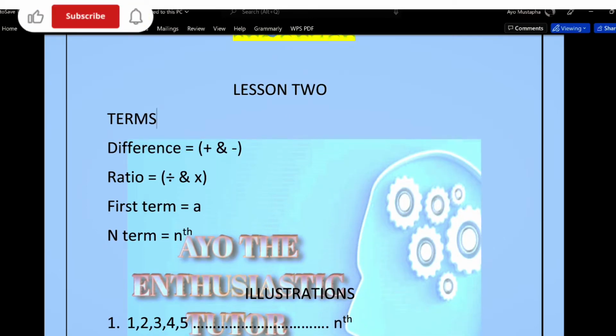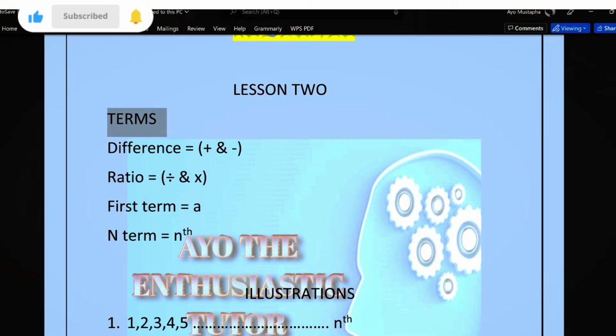So now, as you can see here, we have lesson 2. We have terms: difference, ratio, first term, and the end term. This might not be new to you, since you have gone through the previous class.